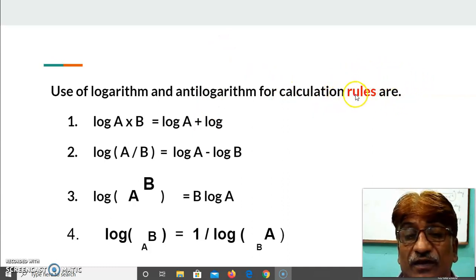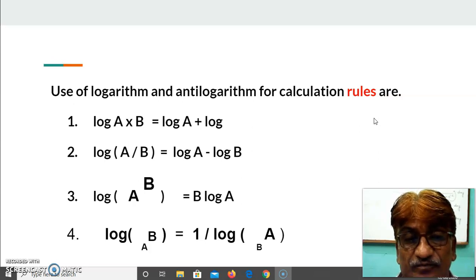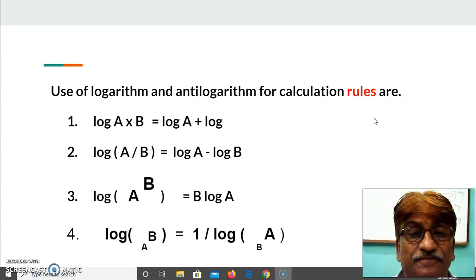See here, in logarithm we read two rules: greater than 1, less than 1, positive characteristics, negative characteristics. Then it's mantissa.